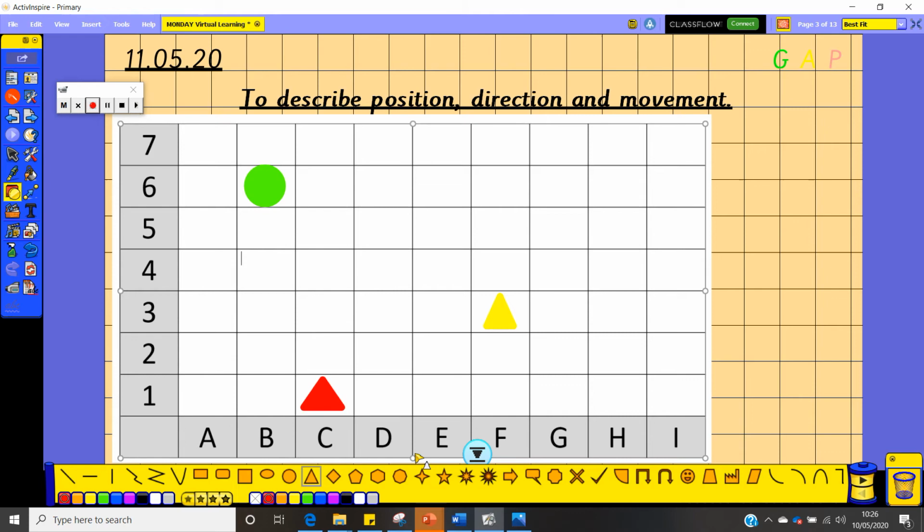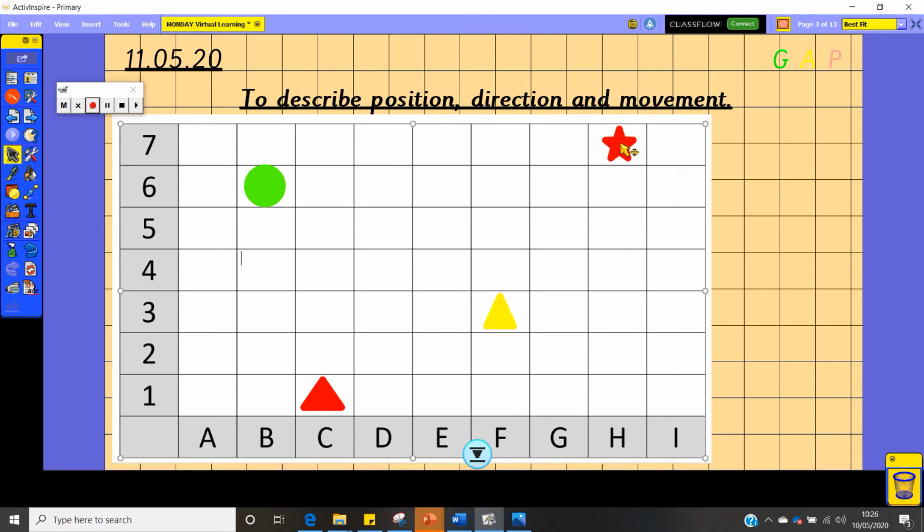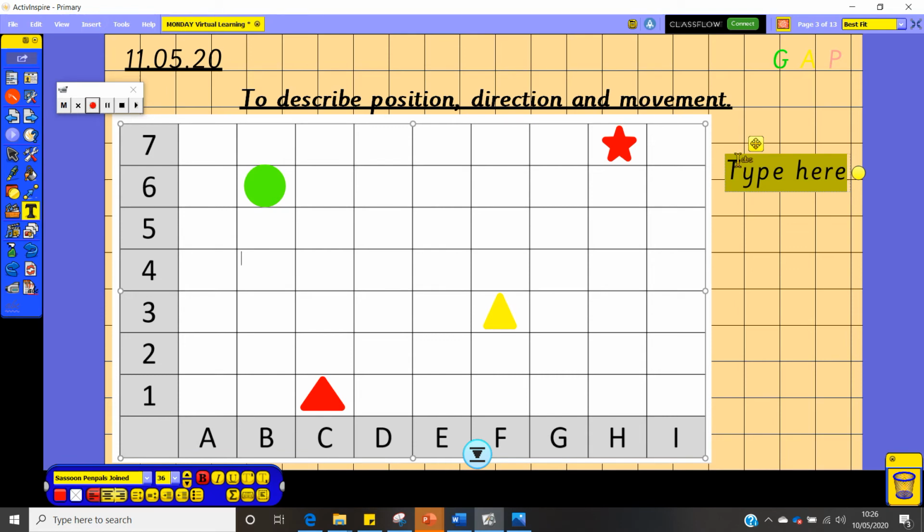Oh, we'll change it now to a red star and it will go up here. So I've only got 4 objects on my grid. You can put as many objects on your grid as you would like to. Then we're going to write a list of those objects and you are going to ask somebody in your family to help you find where they are on the grid.